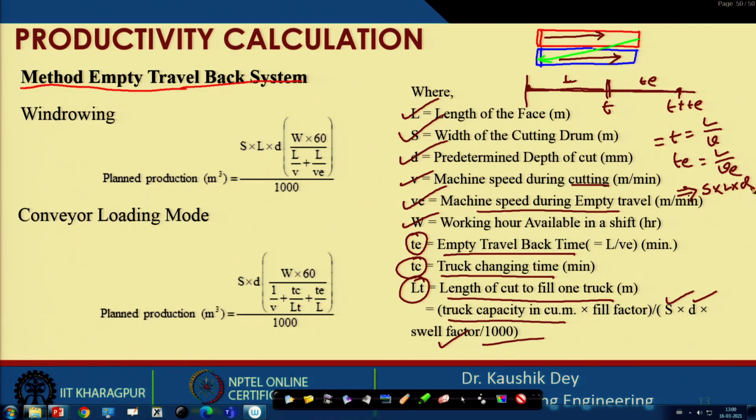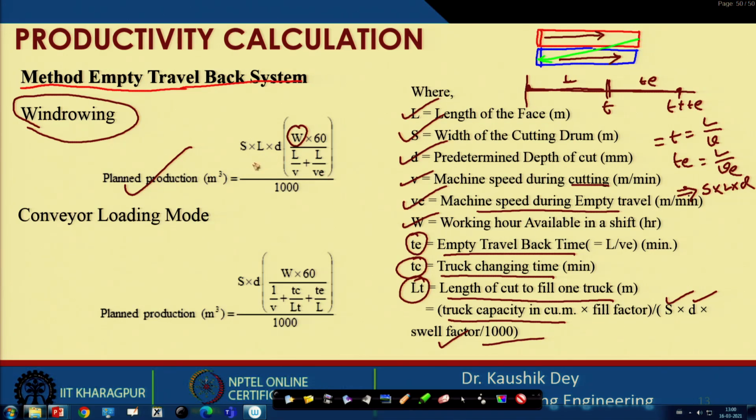So, considering windrowing, our production in W working hours can be estimated using this formula: S into L into D is the production, and the time required for it is L by V plus L by V e.